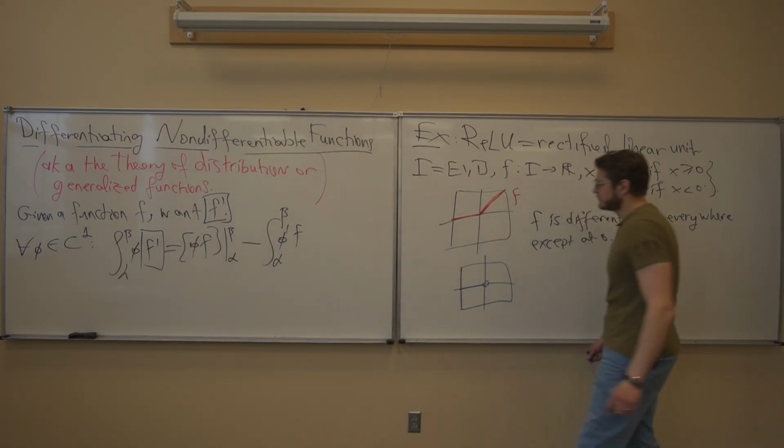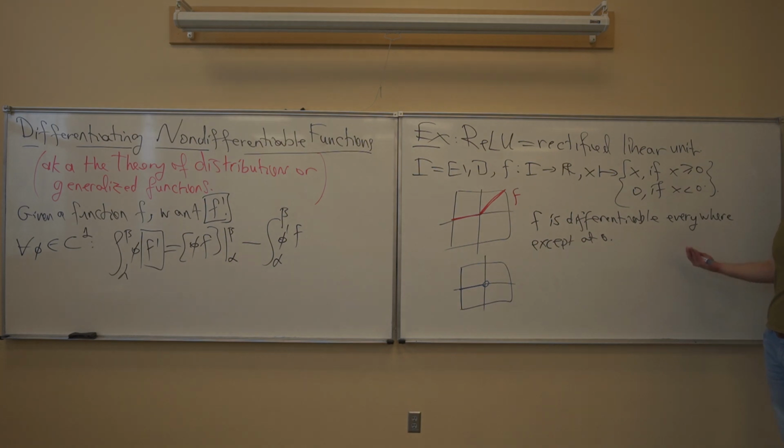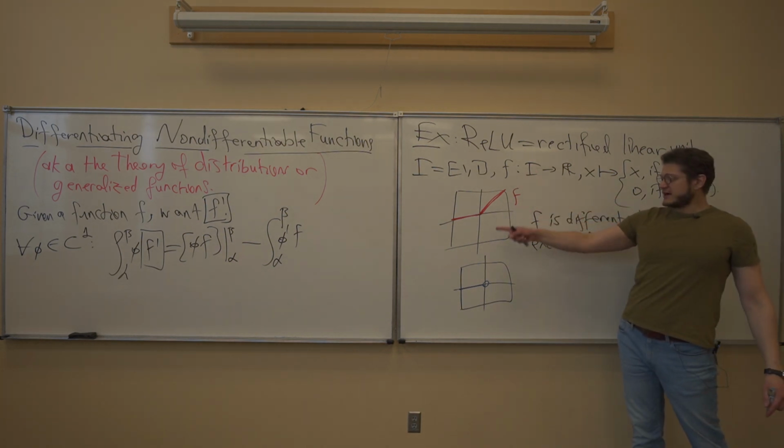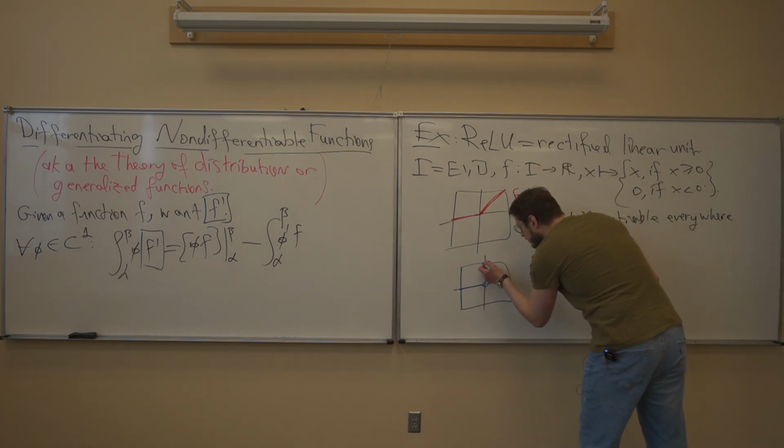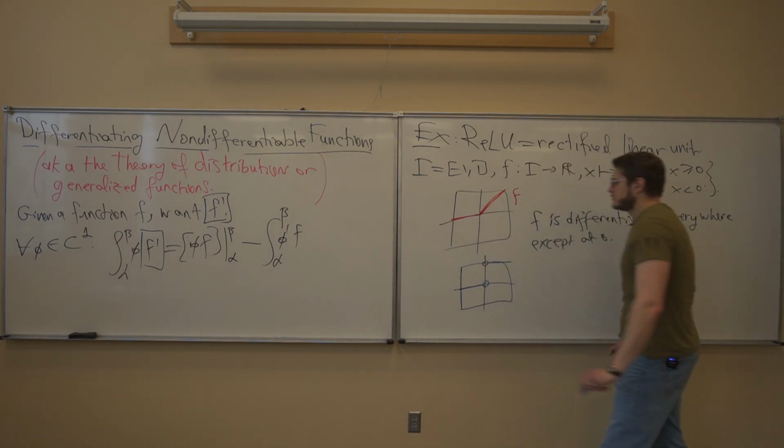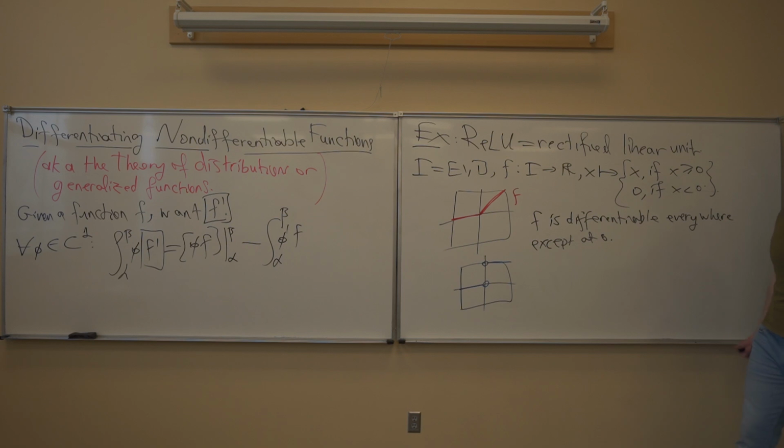Let me just draw it like this. And if x is positive, well, this is the diagonal line. Its derivative has to be constant. It has to be 1.